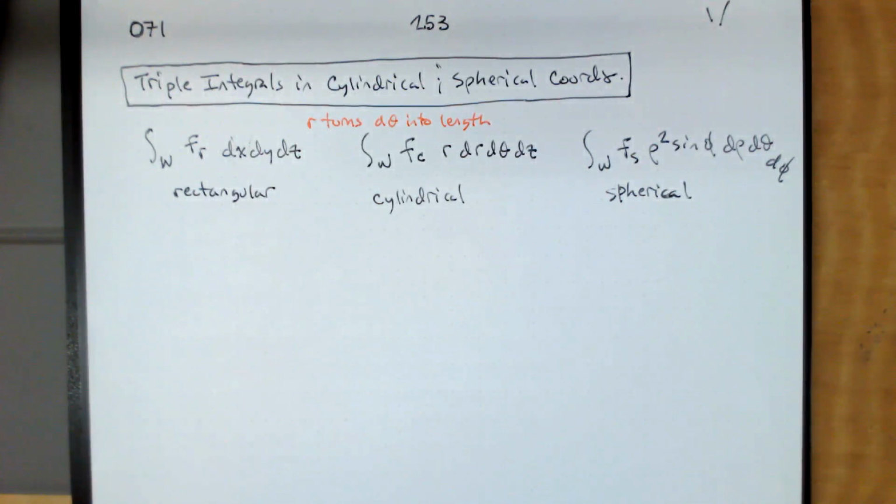In spherical coordinates, two of the coordinates are angles. So we need two factors to turn d theta and d phi into lengths.